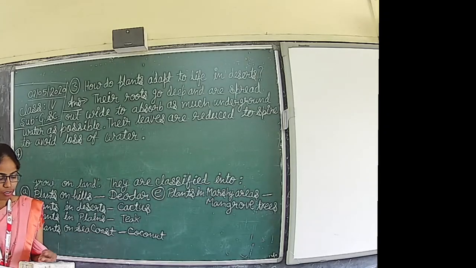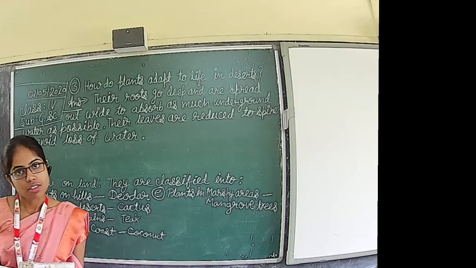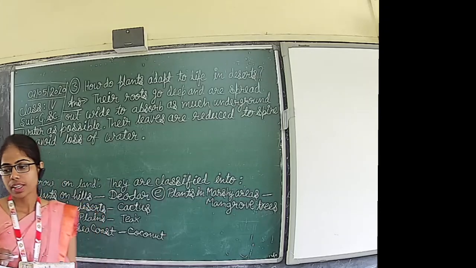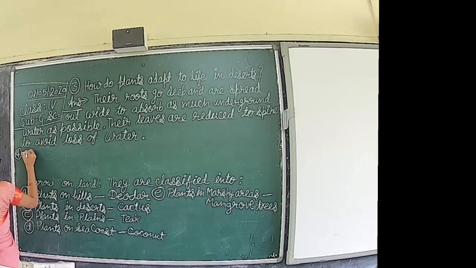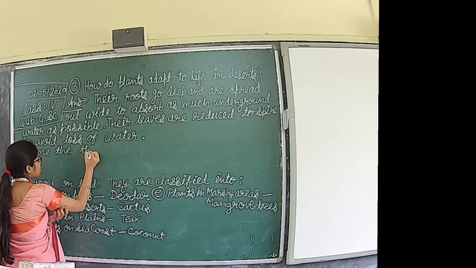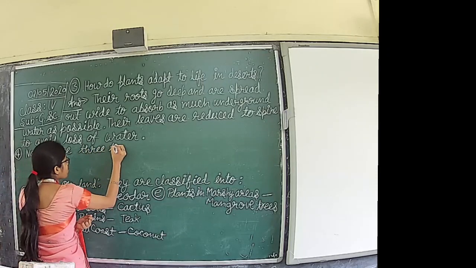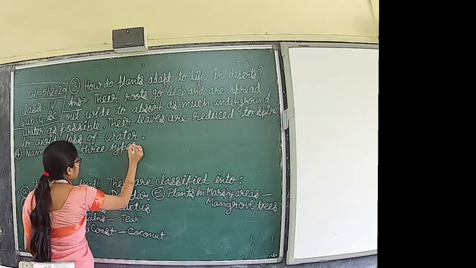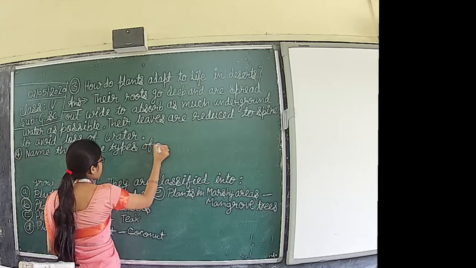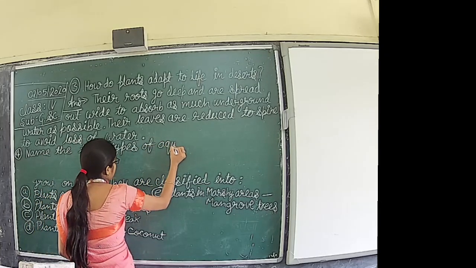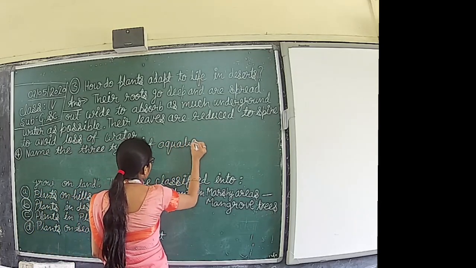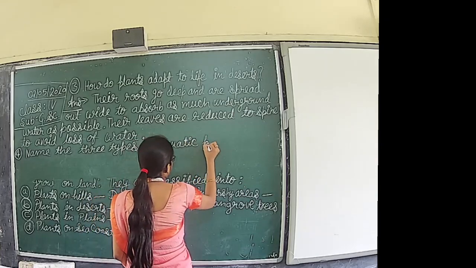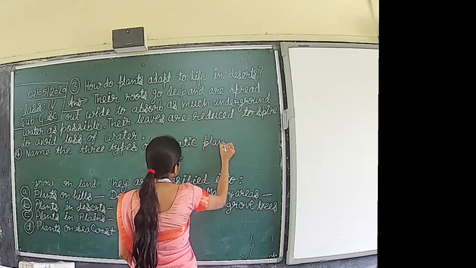Now we will move to the next question, that is fourth question. Now here we have to write the name. Write along with me. Name the three types of aquatic plants.